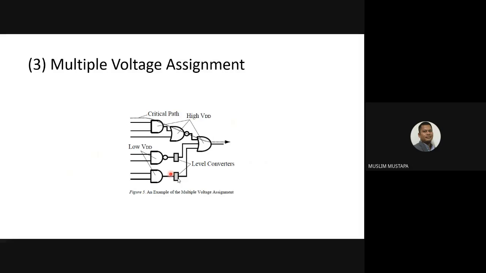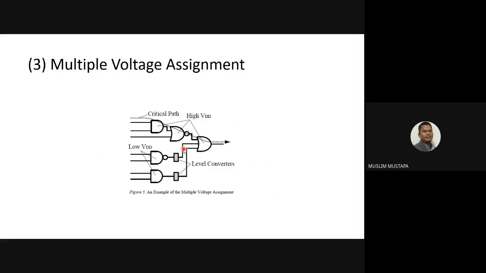Okay, this is an example of multiple voltage assignment. We have to know which path is which. This is one path, one way for the signal to travel from point A to point B, and this is another path for the signal to travel.